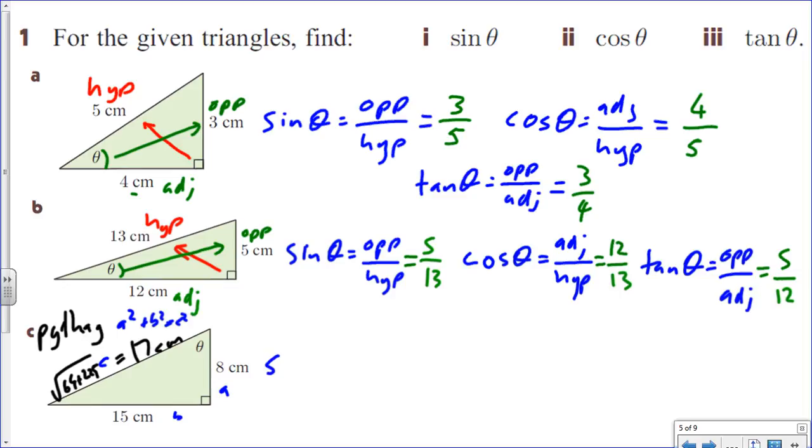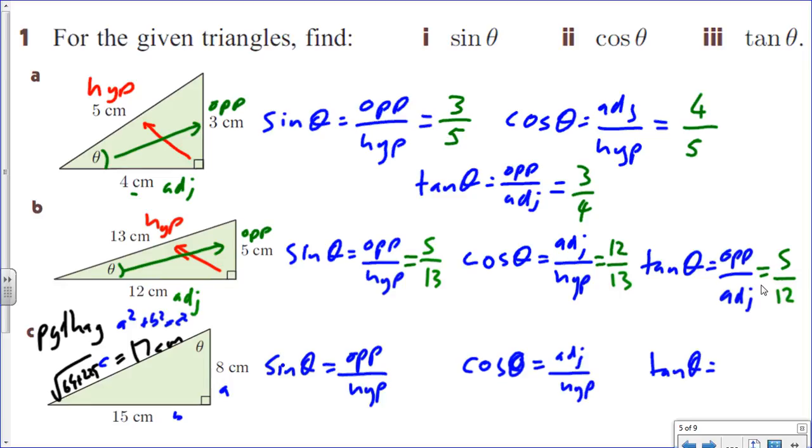Next, we're going to write our three identities. So sine theta, opposite over hypotenuse. Cos theta equals adjacent over hypotenuse. And tan theta, opposite over adjacent. Then we're going to mark out the triangle.